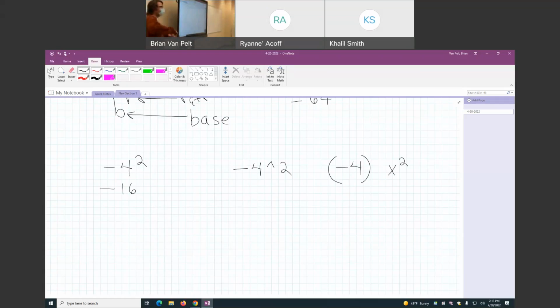What is the only thing that overwhelms or is more powerful than an exponent? Parentheses. Your calculator, whether you like it or not, is evaluating it this way. Is it 16 or -16? That's the whole point. Unfortunately, you don't have one that shows the display.